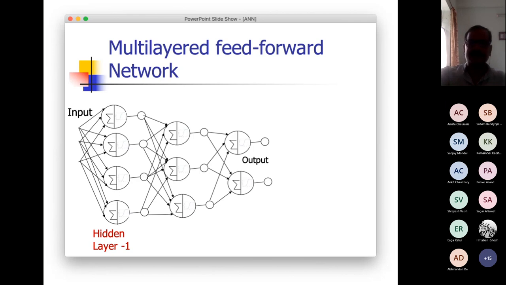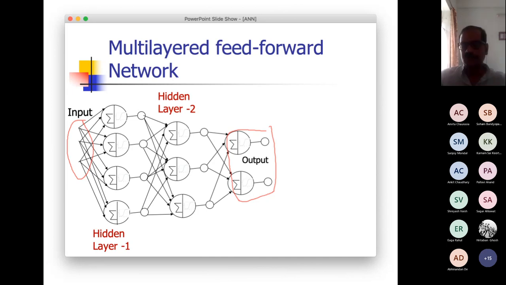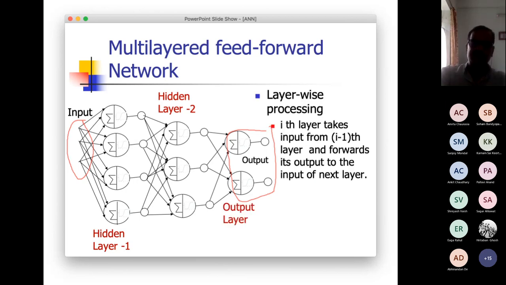As you can see here, this is what we are considering the inputs, and that is also represented as the input layer. Whereas this is called the output layer, which is the output responses. And then hidden layer 1, hidden layer 2. In this way, we are referring to it. It is important to understand the terminology because later on when we discuss, the meaning of ith layer should be clear to you.